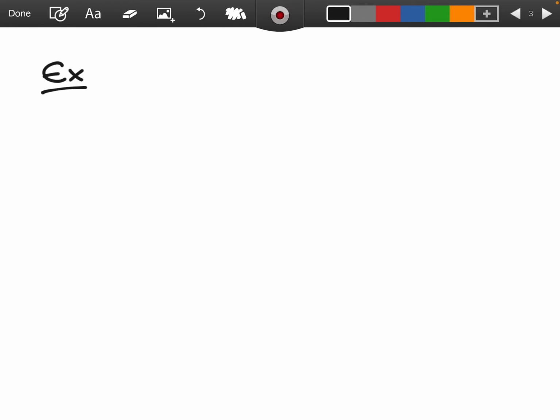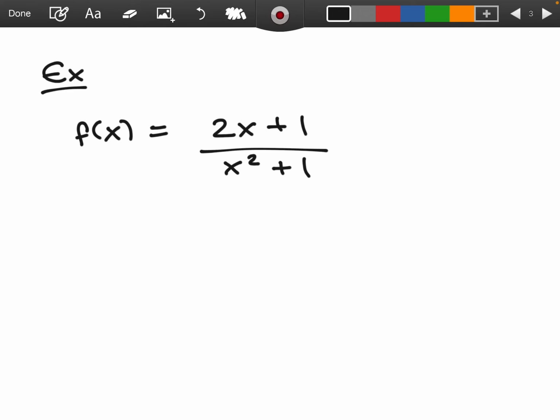Another quick example is something like this. And the question is, what is the domain of this function? Well, again, it's all real numbers except for where that denominator is 0. Unless I deal with complex numbers here, this is actually defined for all real values x.